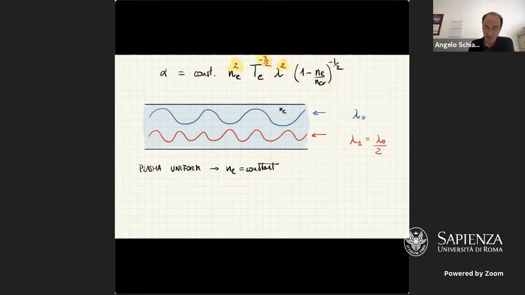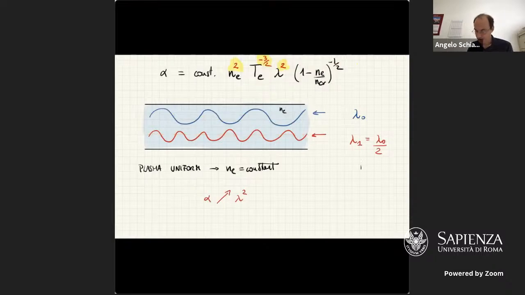In this case, alpha goes as lambda squared, so it increases with lambda. If we increase the radiation wavelength, we increase the absorption. So the absorption of lambda 0 would be 4 times larger than the absorption of lambda 1.